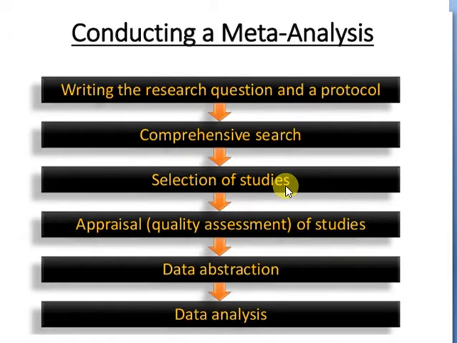After that, finally, what we have to do is data analysis. We can analyze our findings by using a lot of software like Stata, Comprehensive Meta-Analysis, and RevMan. We have different types of software that can support us to analyze a meta-analysis.